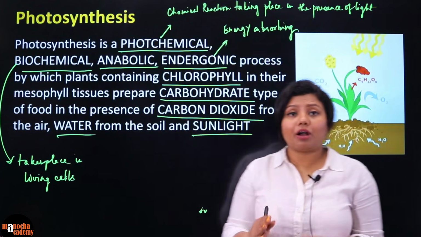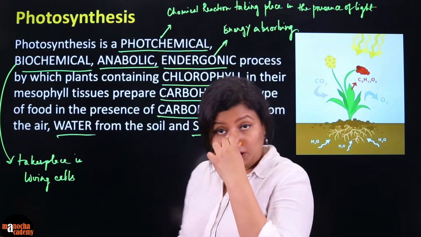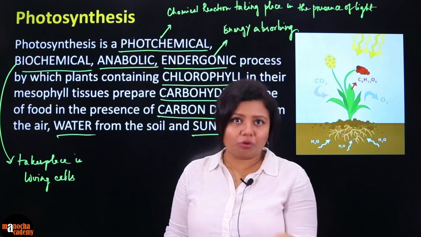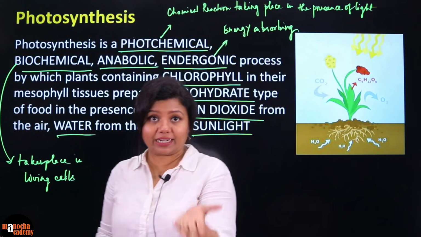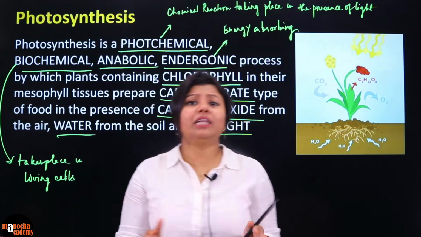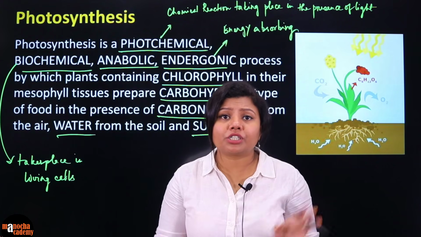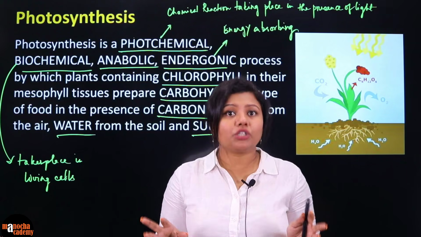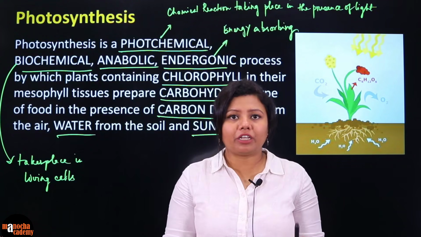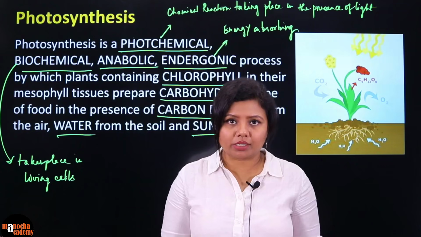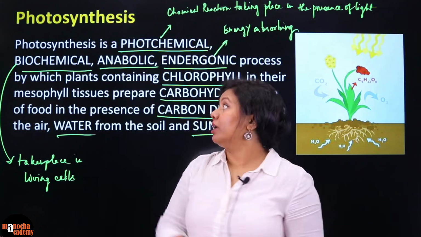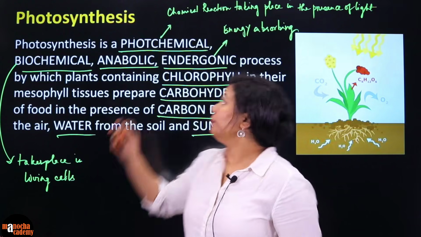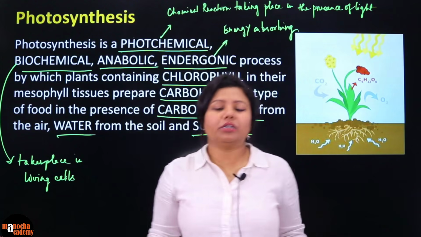Now when you are writing a definition, I have always told you, in CBSE books there are no definitions, in ICSE books you will find definitions. Those definitions are not something whose wordings you cannot change. You can write a definition in your own words, but make sure that these technical terms are there. You cannot replace photochemical with any other word.